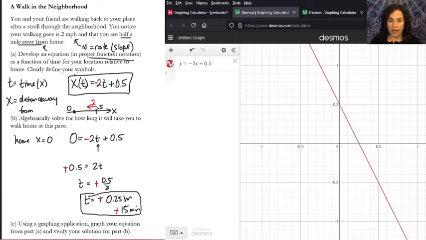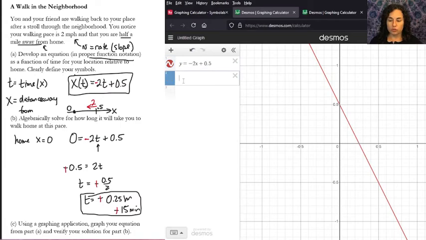But what it asks here is verify your solution for part B. So what I'm really interested in is this point here. When the displacement equals 0, I solved algebraically for the time is 0.25 hours, which is 15 minutes. And what I can do is on the graph, click that value on the point that I'm looking at here. I'm not labeling it.